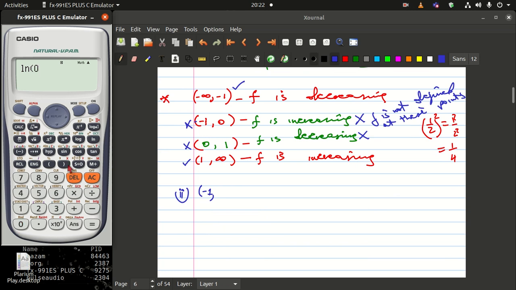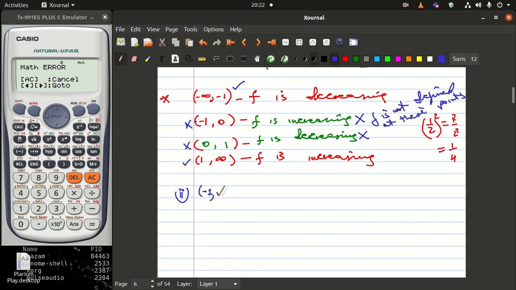If you have a 0 here, it is going to say you are crazy, I cannot deal with that. So we are having an undefined output.